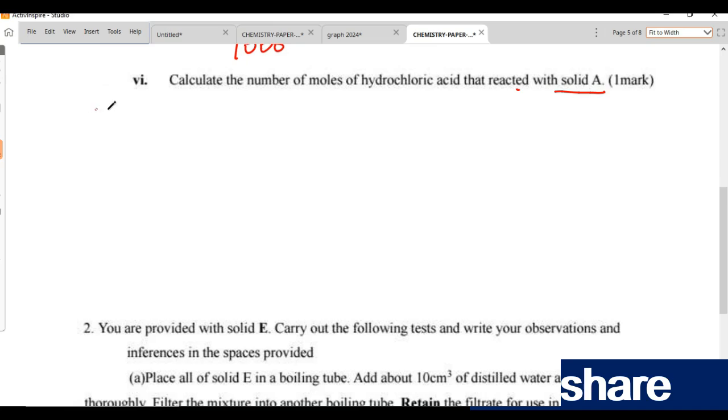Very good. Now, what you need to know is that first, let us get the number of moles of excess HCl that remained, the one that we diluted.